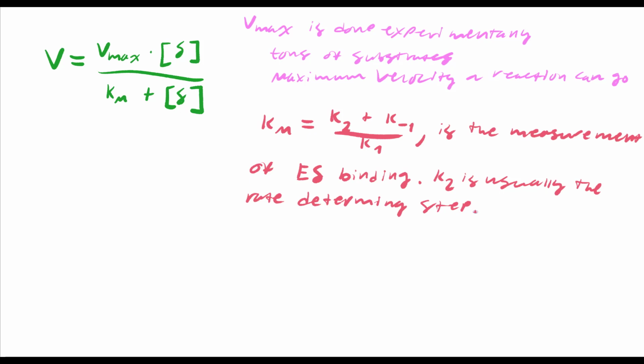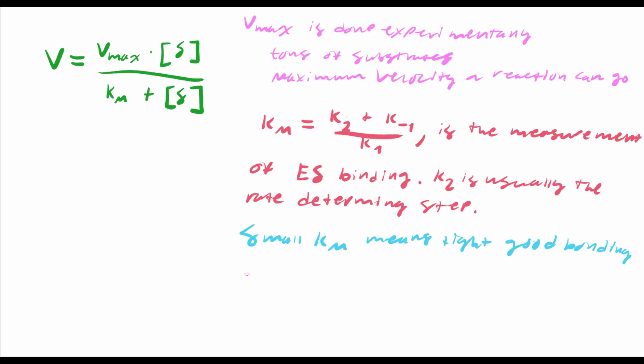Okay? And so what is a good Km? What is a bad Km? Well, over here, you can have a small Km, which means there is a tight, good bonding. And what does a large Km mean?